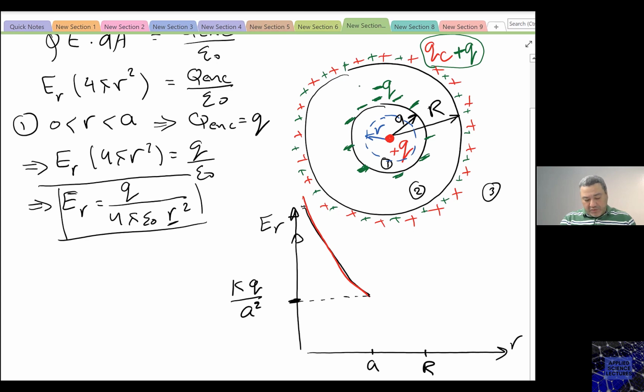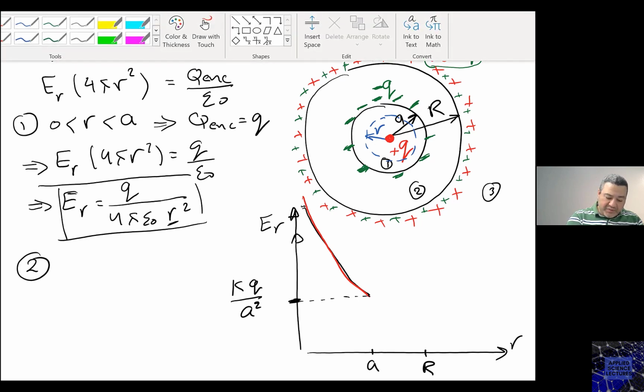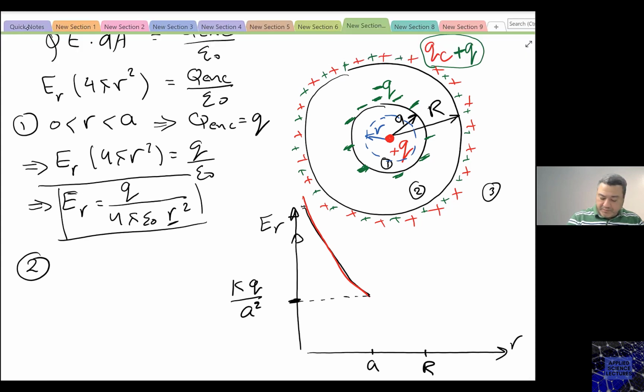That's why if you add minus Q to plus Q, it will give you 0. But because of the point charge at the center of the spherical conductor, this conductor got polarized, negative charges were attracted and distributed on the inner surface, which is the cavity surface, and the positive charges were repelled. They went and joined the charges at the surface.